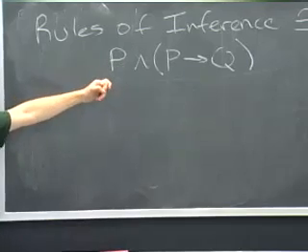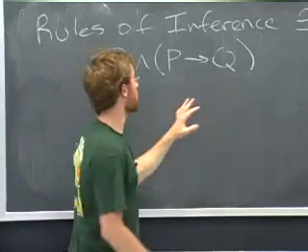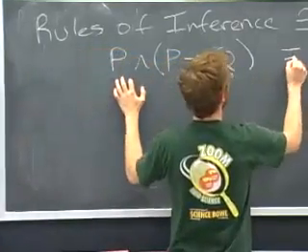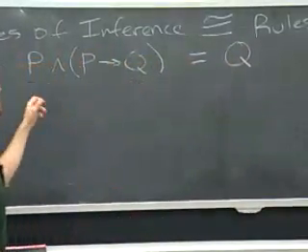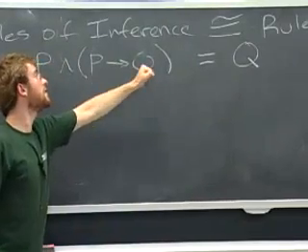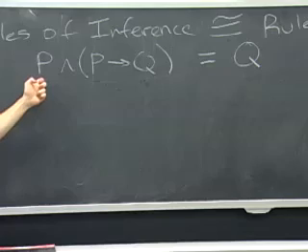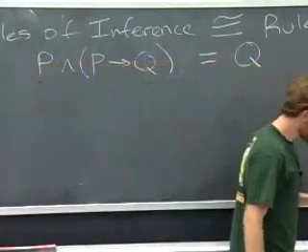And then if we have, well, I'm looking outside and it's cloudy, then we can immediately, this is equal to Q. Right? So if we know that if it's cloudy, then it will rain is true, and we have that it's cloudy, then we can immediately deduce that it's going to rain.